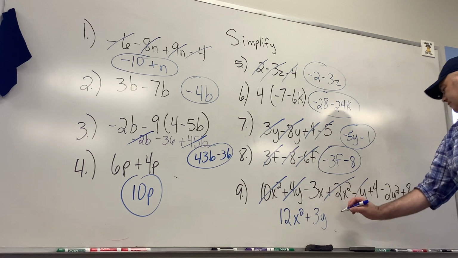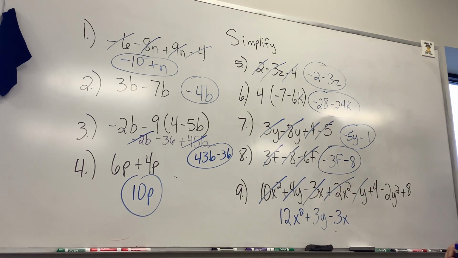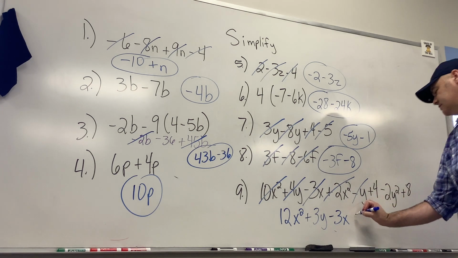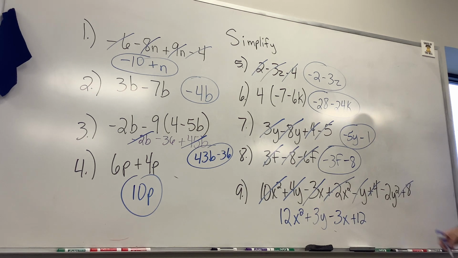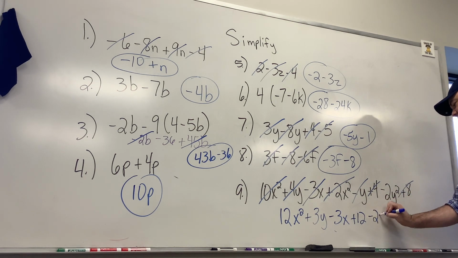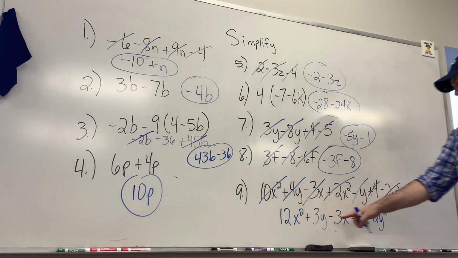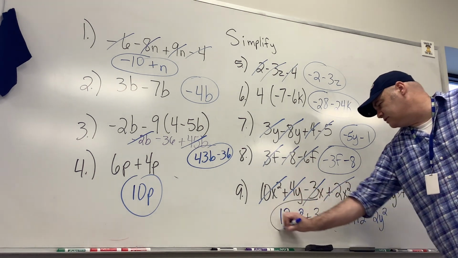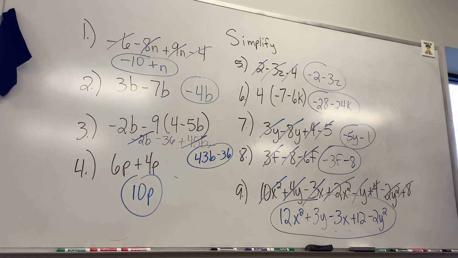Then there is no other x, so that stays the same. 4 plus 8 is 12. And then -2y squared. There is no other y squared. So that's all the things. I can't combine any of these. So that is my answer there. That's simplified as best as we can.